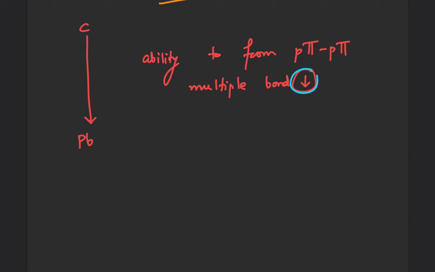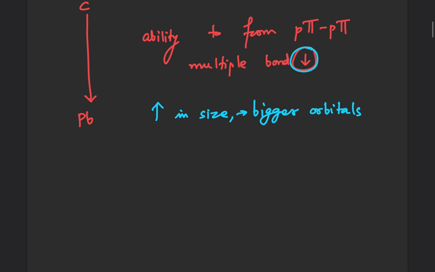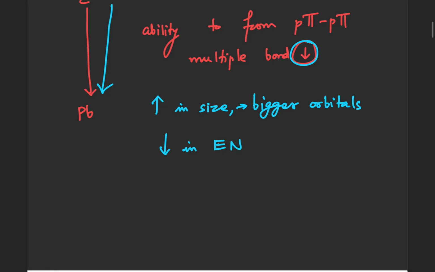Okay, so the decrease is because of increase in size, which leads to bigger orbitals, and also decrease in electronegativity down the group as we come from carbon to lead. Okay, and bigger orbitals overlap less effectively because their electron density is spread out over a larger volume.